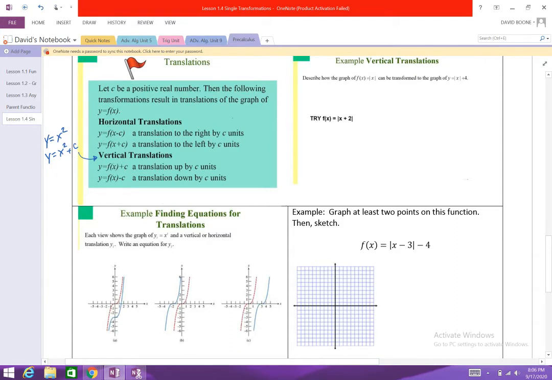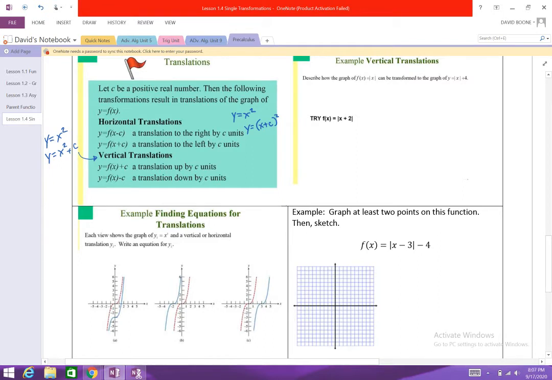Where we had some other problems, they were like y equals x squared, and then if I had inside the parentheses something like x plus c squared, you kind of had to think opposite. I always talk about, you had parentheses, think opposite. Normally you'd think that if it's inside next to the x, it moves it left or right. Inside the parentheses, you would think opposite.